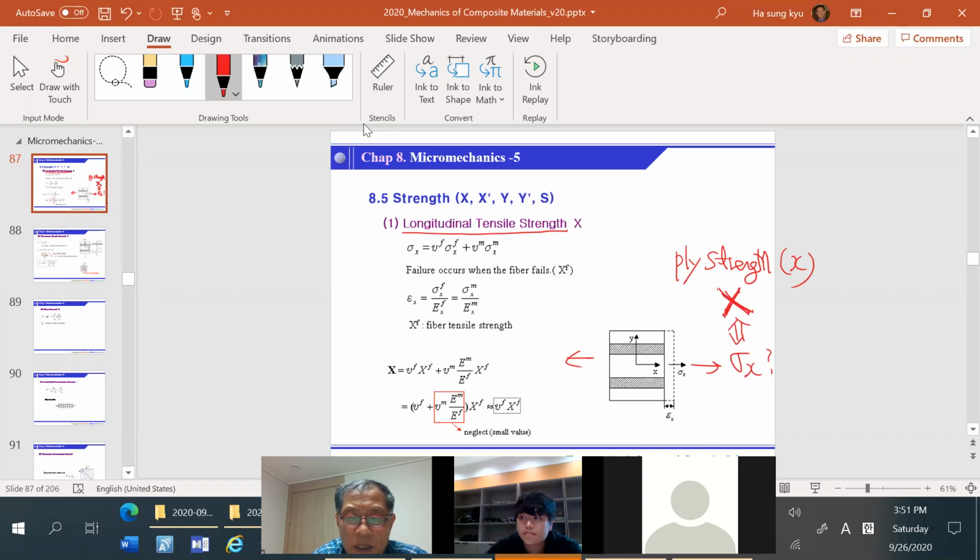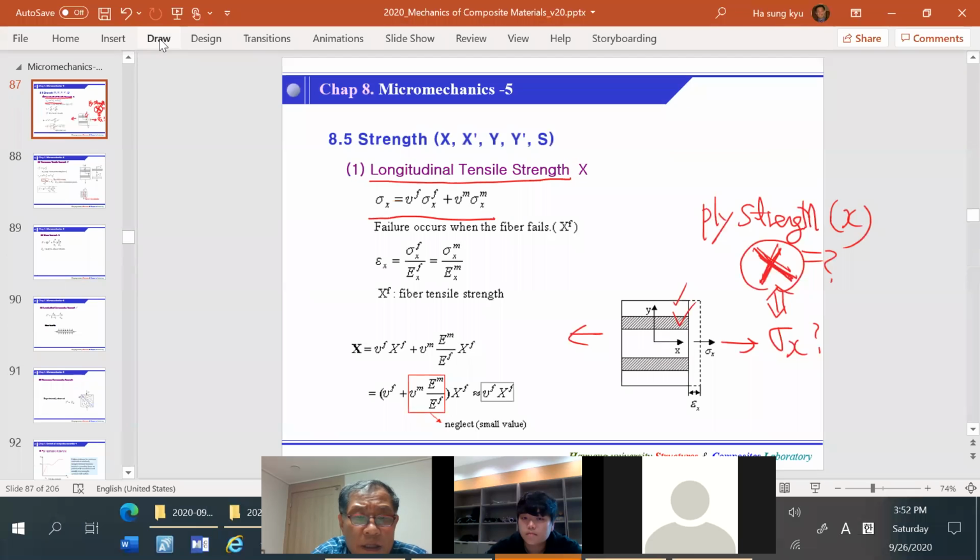We call it large X. So what is the ply strength in the x direction in terms of resin property, resin strength, and in terms of the fiber strength? Going back to the rule of mixtures in the fiber direction, we always have these relations, and now the failure occurs when the fiber fails. When the fiber fails, it has the fiber strength.